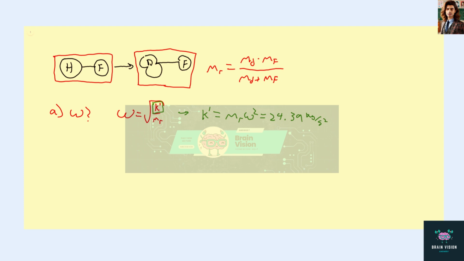But this doesn't change because it only depends on the electron configuration, which is exactly the same between deuterium fluoride and hydrogen fluoride. So we can put this right back in here, but with our new reduced mass that's calculated here.